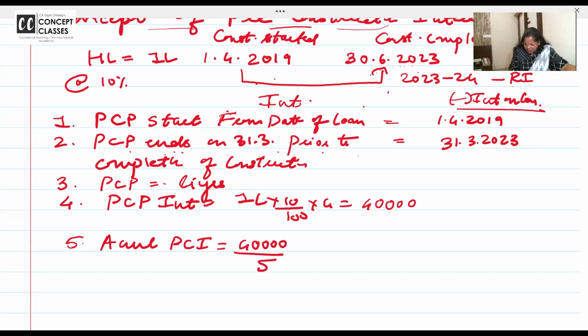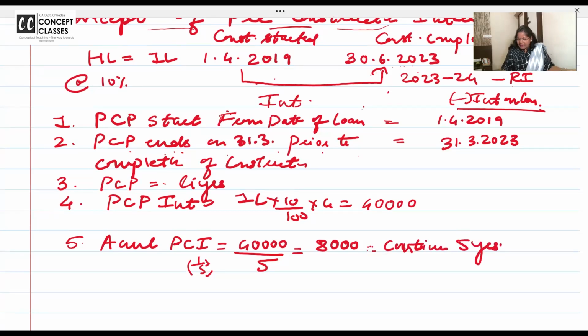Now, what is my annual pre-construction interest? It's 40,000 divided by 5. The Income Tax Act says pre-construction interest is allowed 1/5 every year for continuous 5 years.